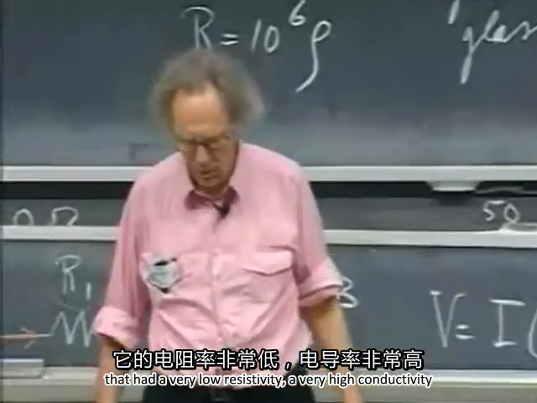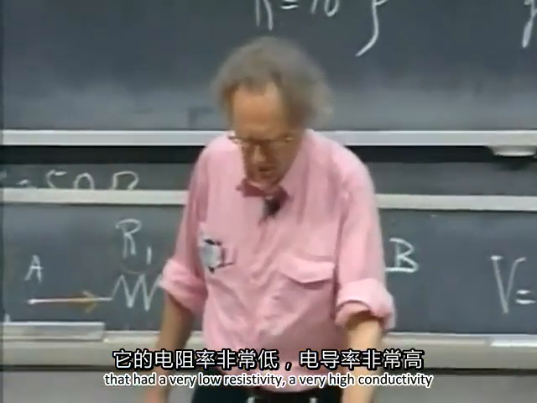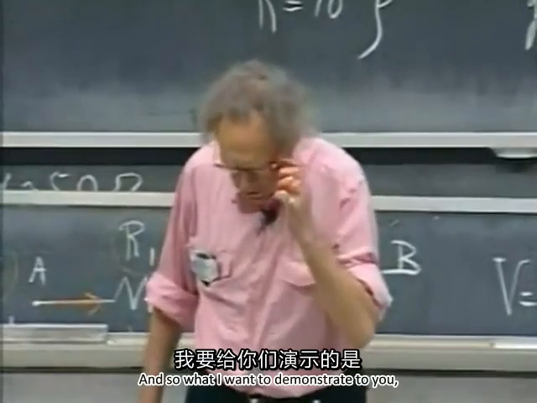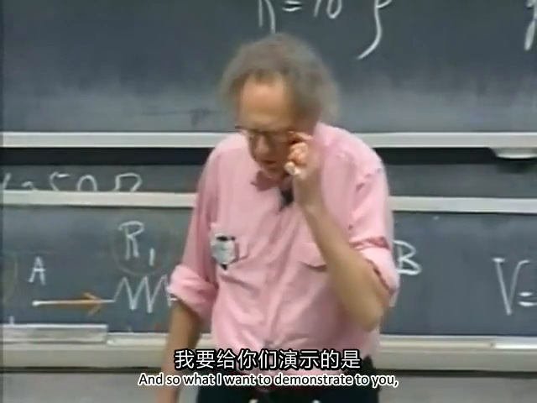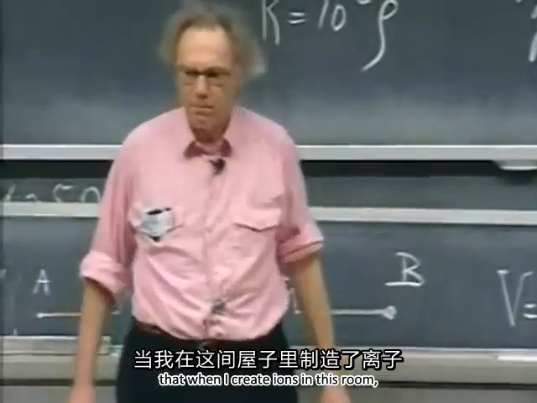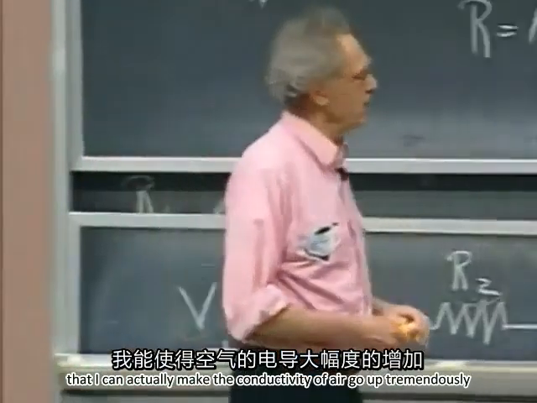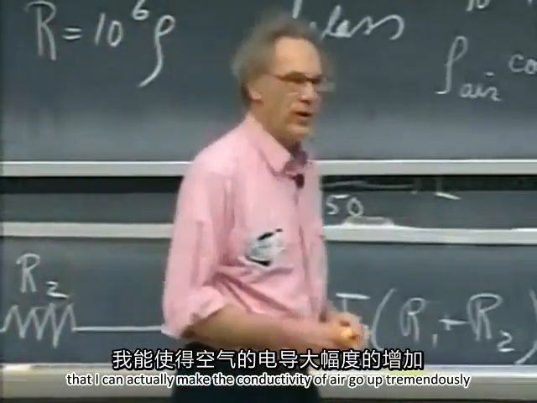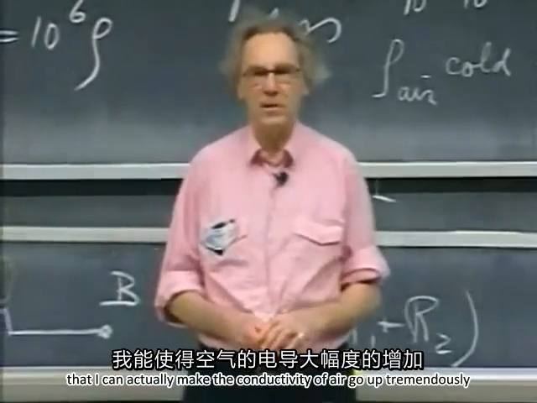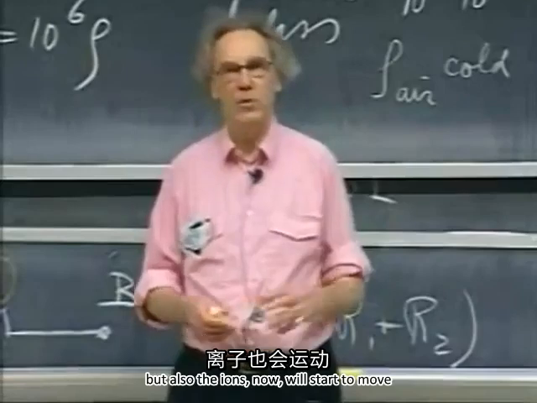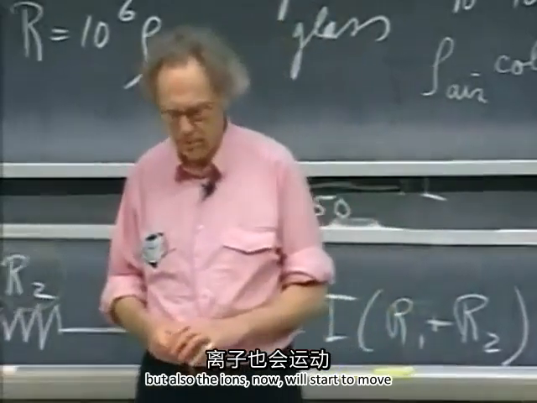It had a very low resistivity, a very high conductivity. And so what I want to demonstrate to you is that when I create ions in this room, I can actually make the conductivity of air go up tremendously. Not only will the electrons move, but also the ions now will start to move.